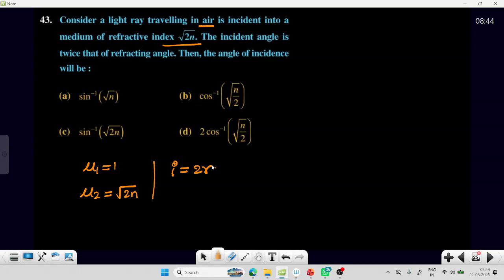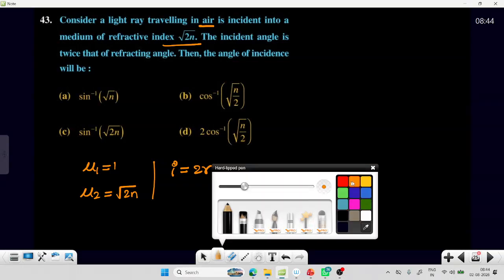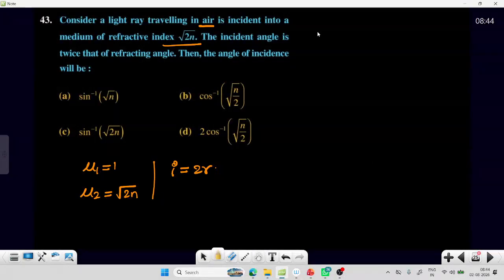Same thing. Mu1 into sin I is equal to mu2 into sin R. Mu1 is 1, sin I is sin 2R, which is equal to root 2n into sin R.